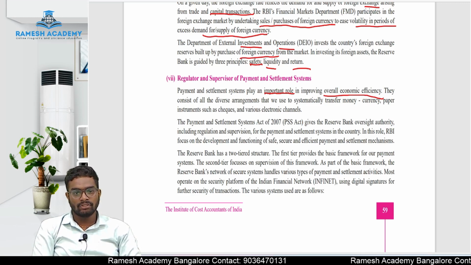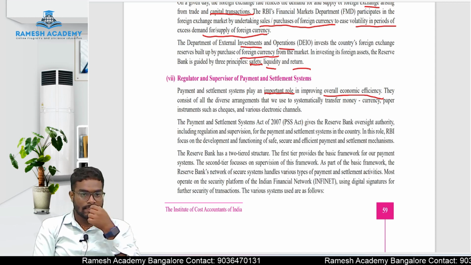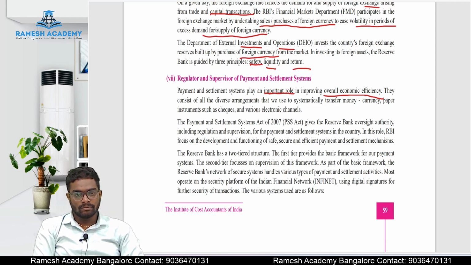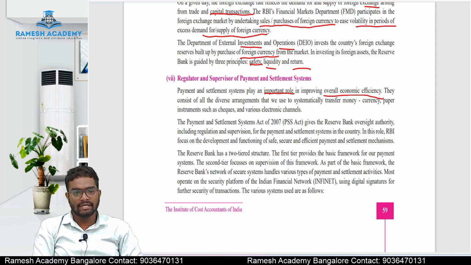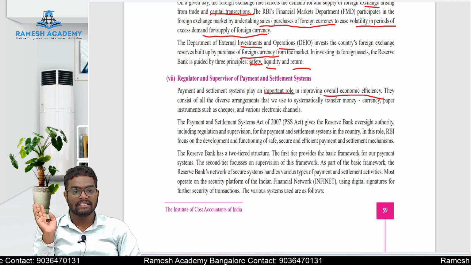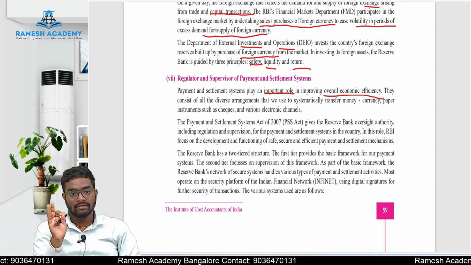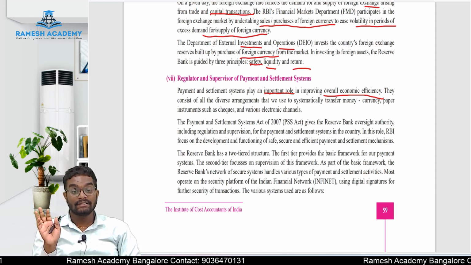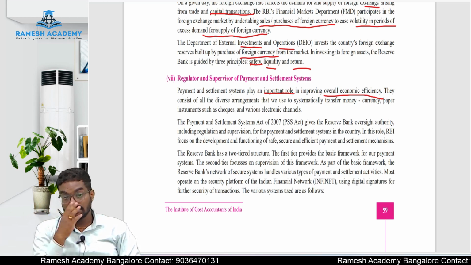We had to go to the ESCOMs, stand in a queue, wait for our turn, then pay through cash. Now, you can sit here and pay within a minute. So that is the change which has taken place in the payment and settlement system. For that, we should thank the RBI. It is helping us to save our time and invest in some other means.